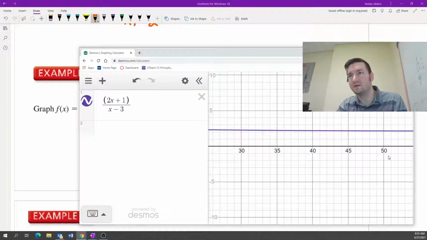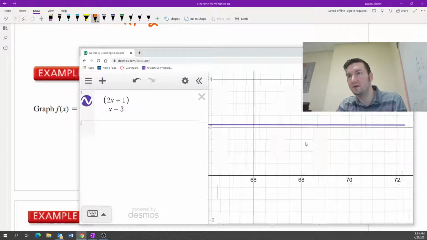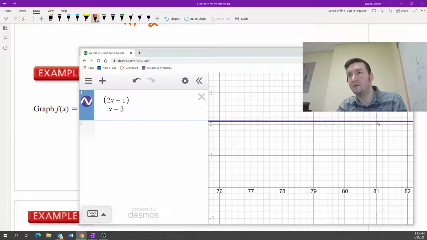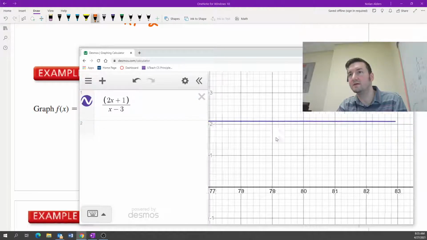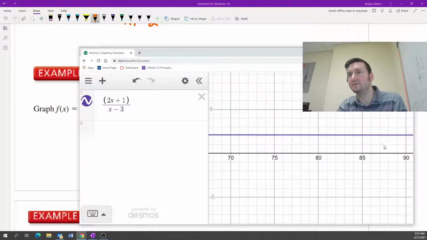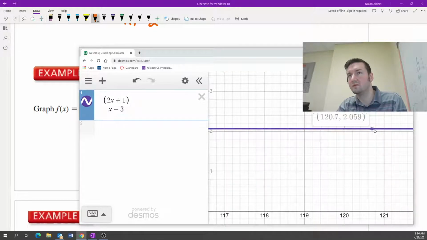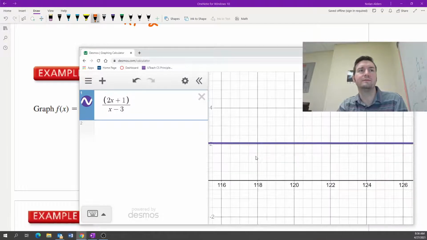And it may be hard to see. I think it may be more difficult to find what line that is, what the asymptote is.